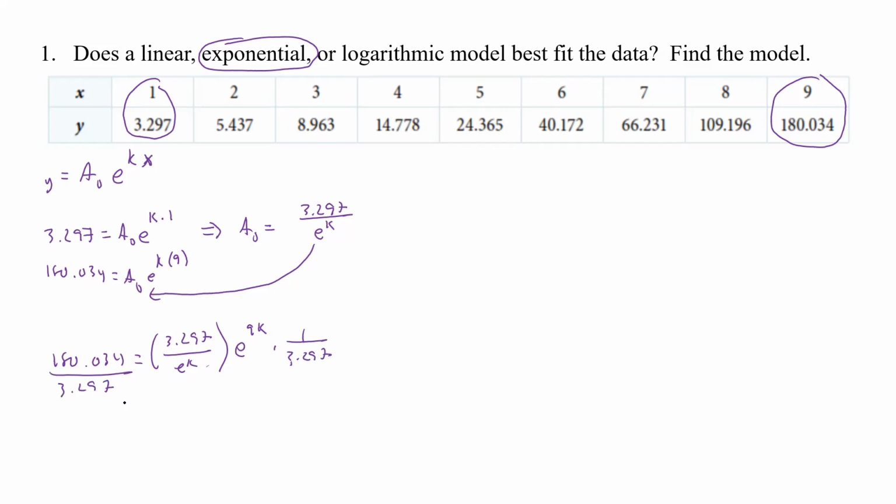So that leaves me with 180.034 over 3.297 equals e to the 9k over e to the k. That's not a problem. We have the same base, and exponents of 9k and k. So if we take one of those k's out of here, we can reduce. And so what we're going to do is, oh, not eraser. We want a different color.